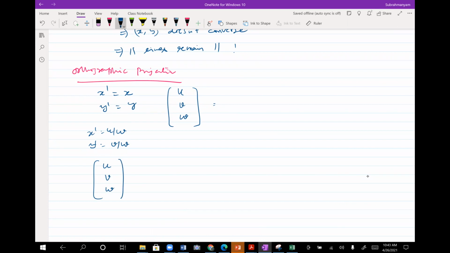So let me now try to write that in a similar form. UVW is equal to some matrix representing the orthographic projection times X, Y, Z, 1.